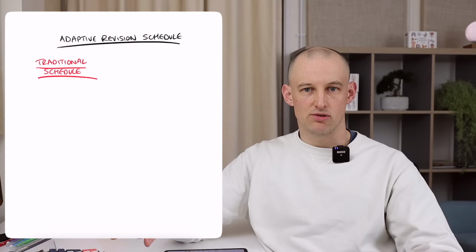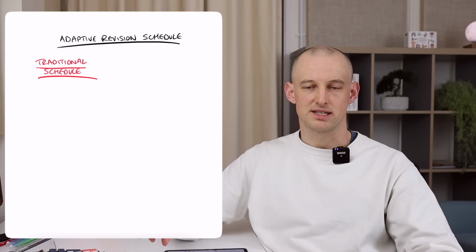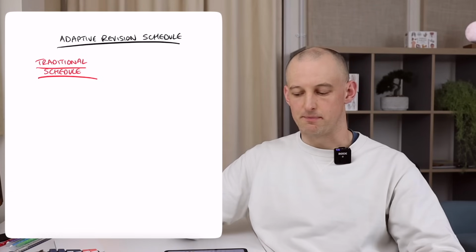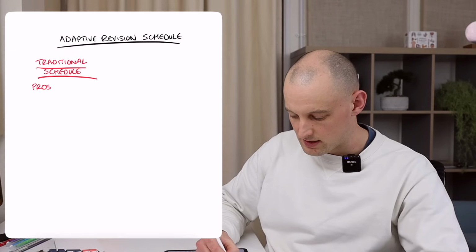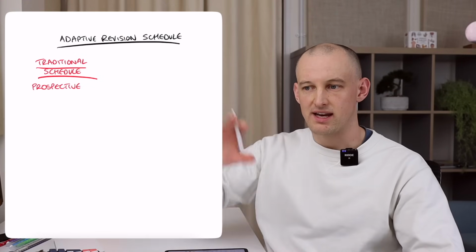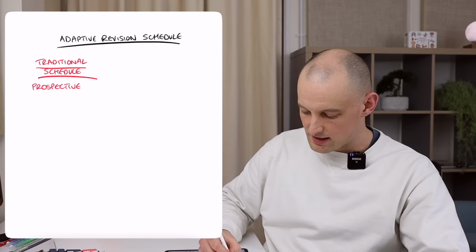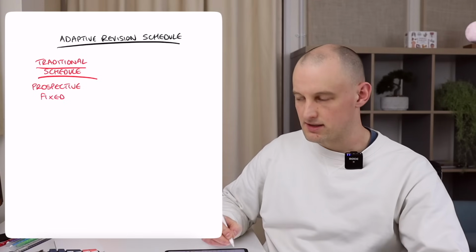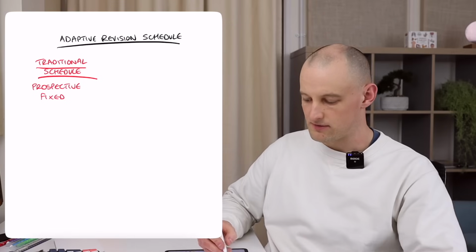And you schedule that all out. So you put all the study sessions that you're going to do up until the date of your exam. So this is prospective. You put everything in advance and tell your future self what to do on that date. It's fixed. So once it's in, that's what you're telling yourself you need to do.